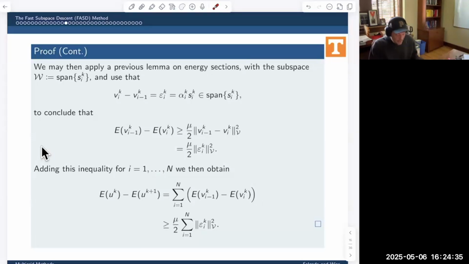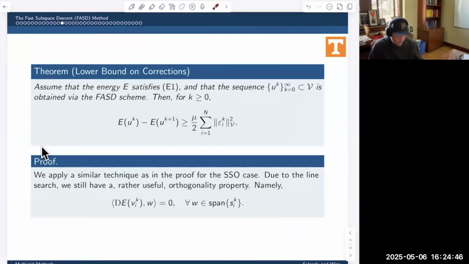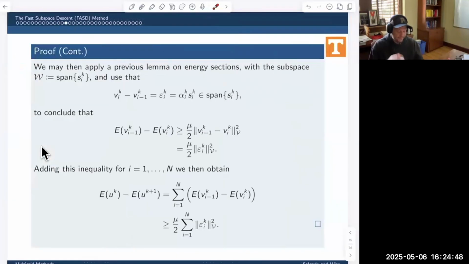If I do E of V_{I-1}^K minus E of V_I^K, then because I have the orthogonalization step here, I have the lower quadratic trap. Remember the quadratic trap? Along this direction, I can apply it at this step. That says that this difference is bigger than that difference. So that's the quadratic trap part.